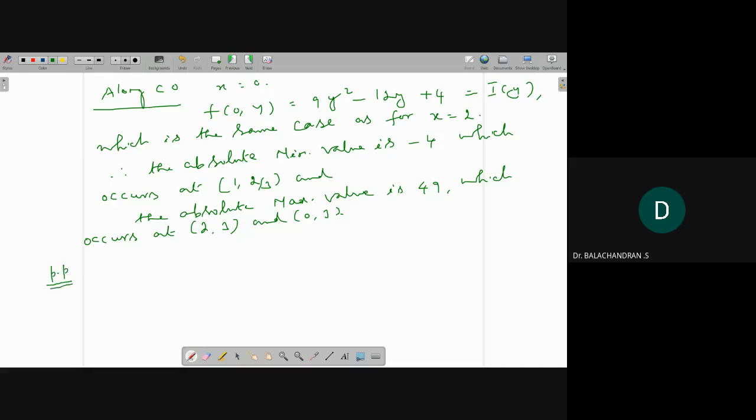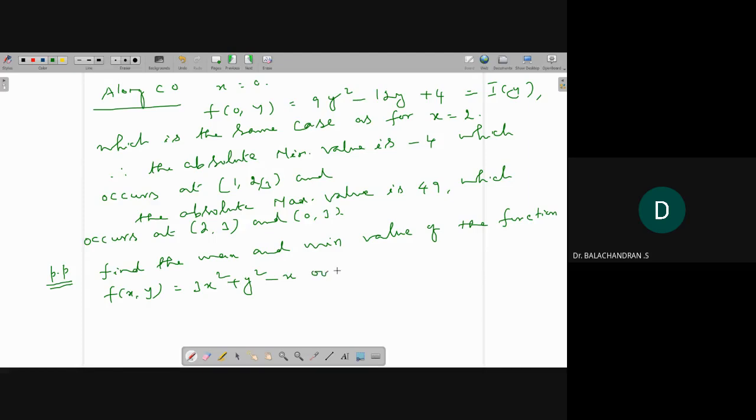Find the maximum and minimum value of the function f of x comma y equal to 3x square plus y square minus x over the region 2x square plus y square less than or equal to 1.